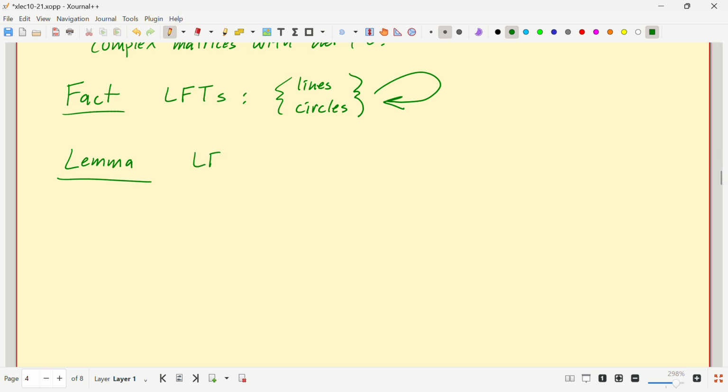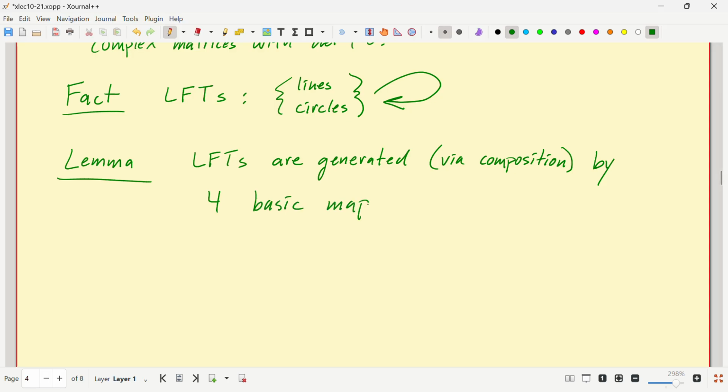Okay, so a lemma for this simple fact, which boils down to sort of high school geometry in the end: linear fractional transformations are generated by 4 basic kinds of maps through composition. Number 1 is a stretch. z gets sent to r times z, where r is a positive real number. The vector just gets stretched.